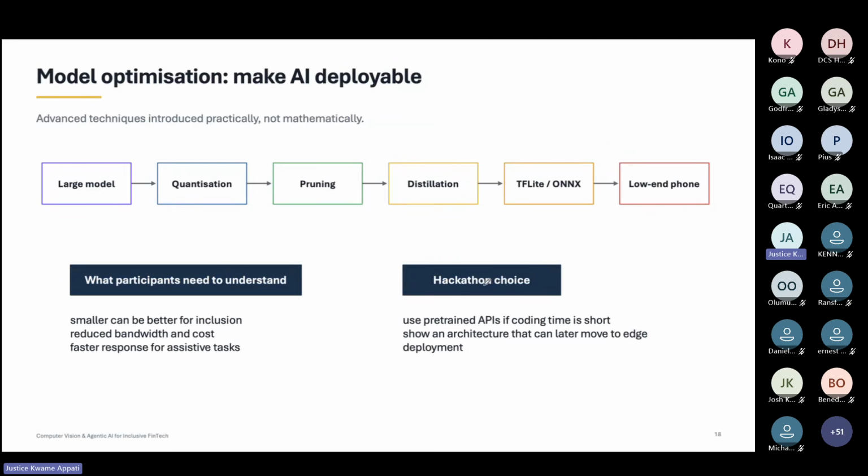Okay. So what is it to understand, and what are your choices? Small can be better for inclusion, and it can reduce the bandwidth and cost and give you a faster response to your assistive tasks. The question now comes in, at what accuracy?